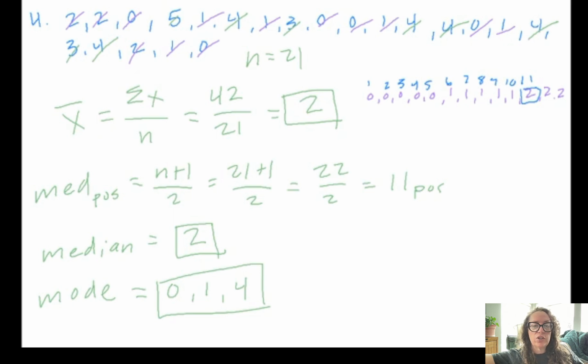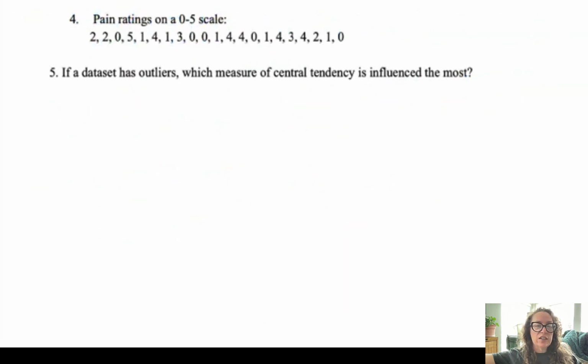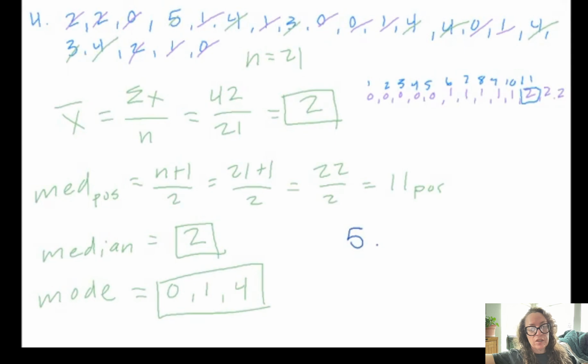Then the very last question we do is question number 5 on this homework, and it asks if a data set has outliers, which measure of central tendency is influenced the most. Okay, so this isn't something that we necessarily directly stated in our lecture on this topic, but we should be able to think about it a little bit, right?